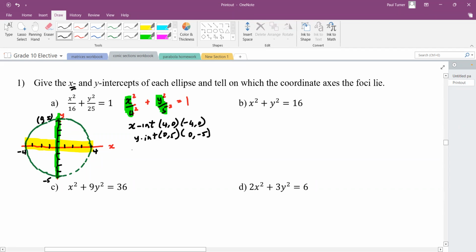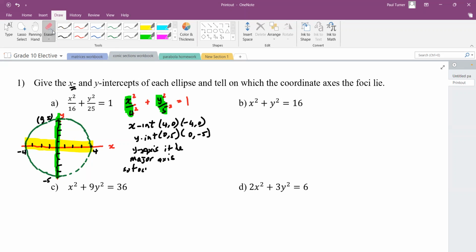So we could say the y-axis is the long axis, is the major axis. So the foci are on the y-axis.